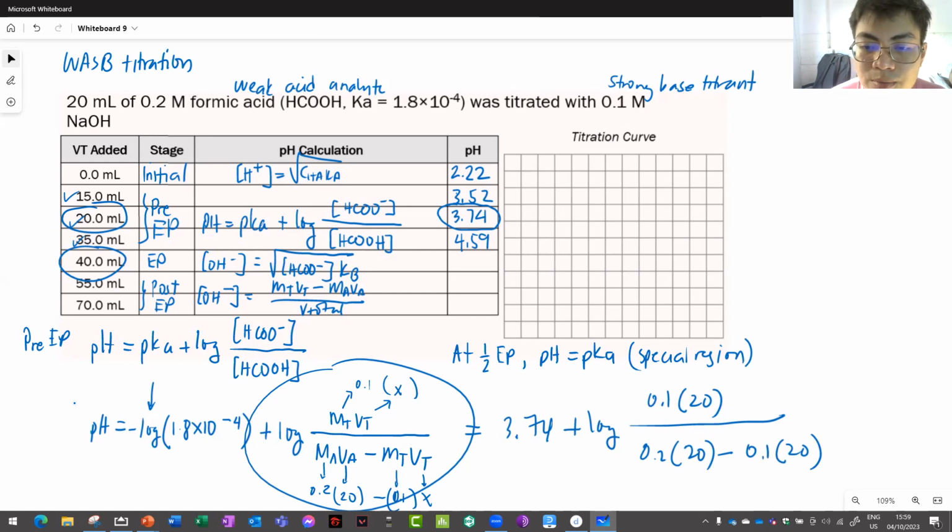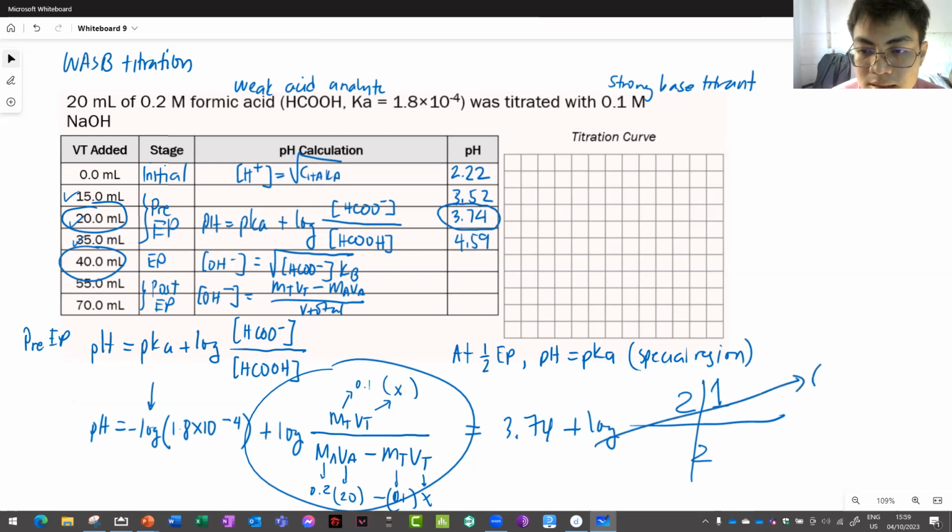Tapos, ano yung 0.1 times 20? Di 2, di ba? So, 0.2 times 20, di 4. 0.1 times 20, di 2. 4 minus 2, 2. 2 over 2, 1. And what's the logarithm of 1?